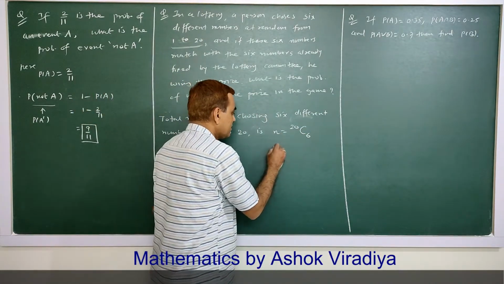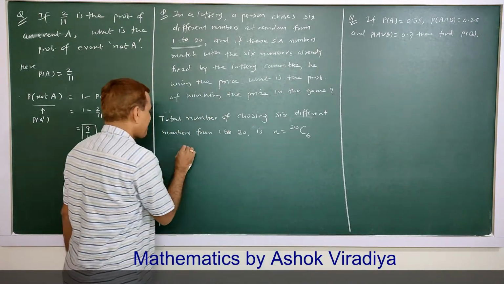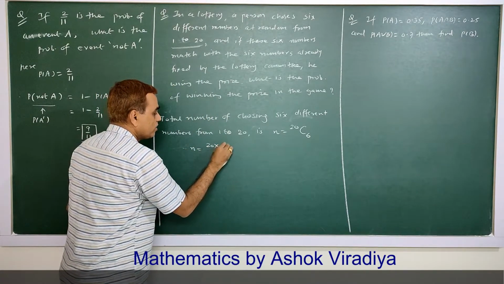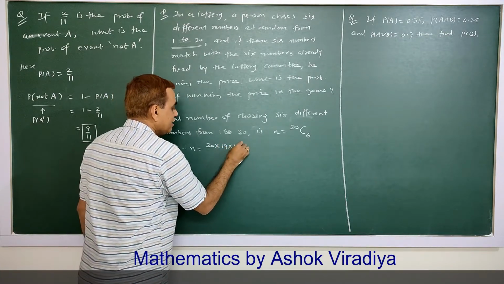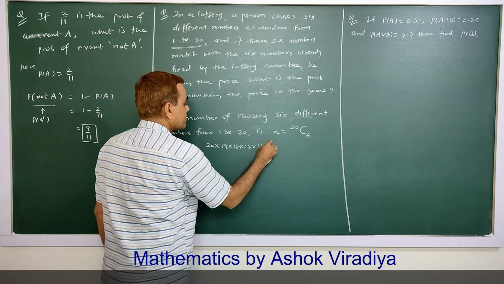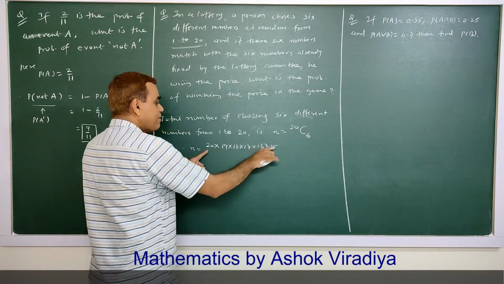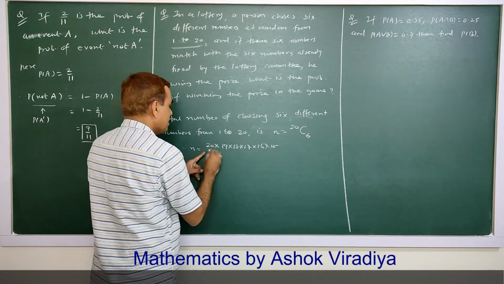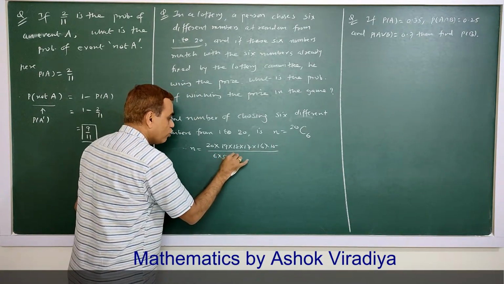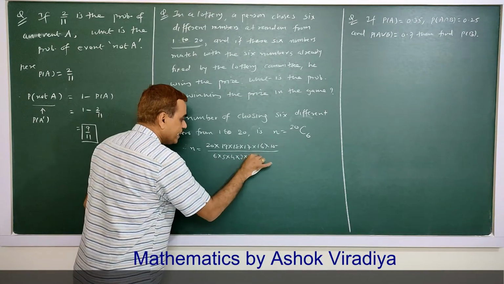So calculating this n, 20C6 is 20 into 19 into 18 into 17 into 16 into 15, 6 steps back, 1 2 3 4 5 6, upon 6 into 5 into 4 into 3 into 2 into 1.